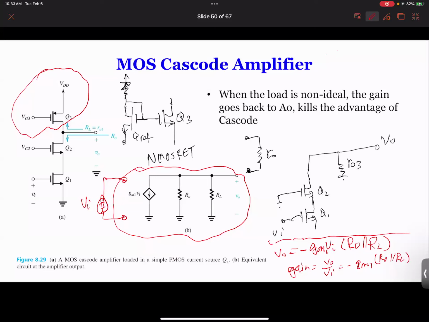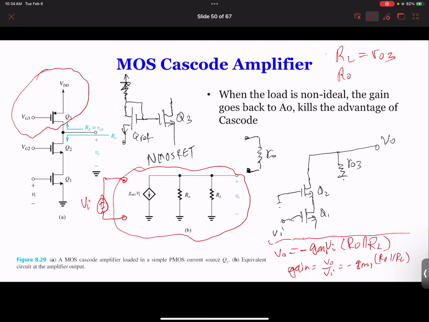In this particular example, we will have RL equal to RO3, and we have RO equal to, let me see, find out the equation here.